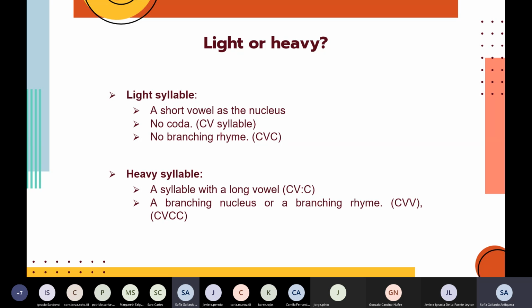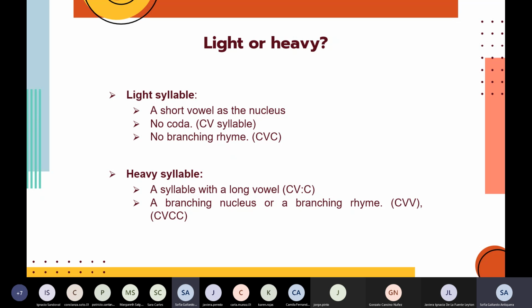And if it doesn't have a coda, it is a light syllable. Now, if you see a long vowel and a coda, then it is a heavy syllable. Okay? Try to write that down because it will make it a lot easier if you have it written.